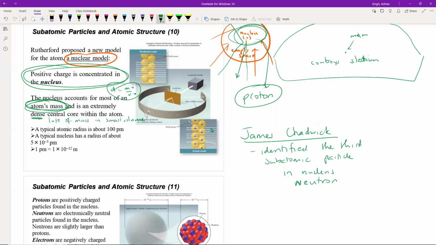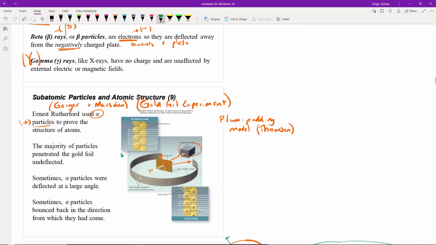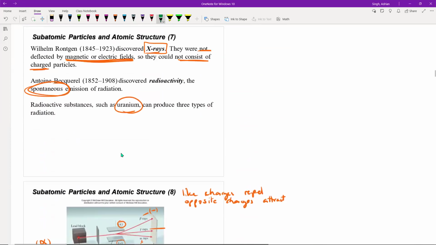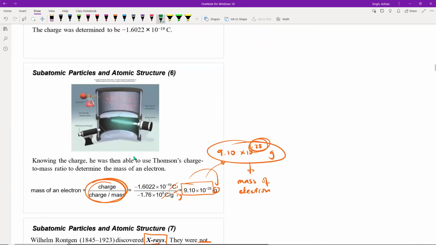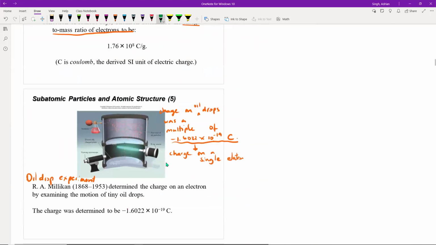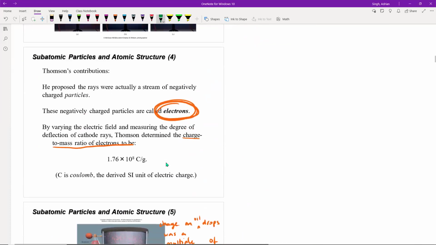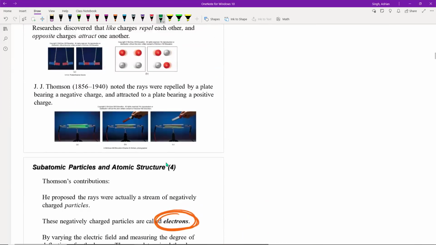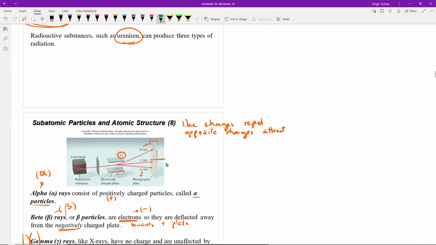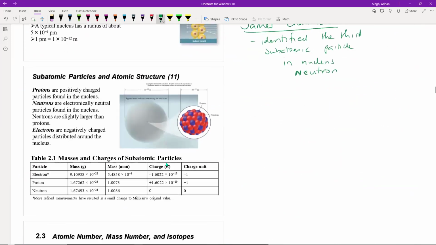Rutherford, Geiger, and Marsden helped figure out that there are protons in the nucleus as well. These are positively charged. And then we saw that Thomson and Millikan helped figure out some of the characteristics of the electron. So those are the three subatomic particles.